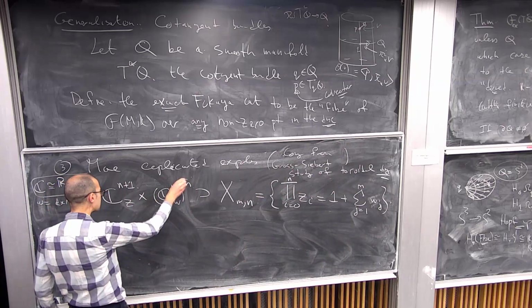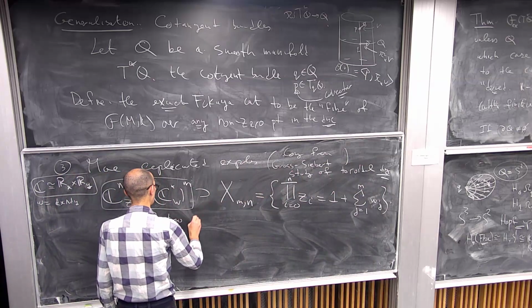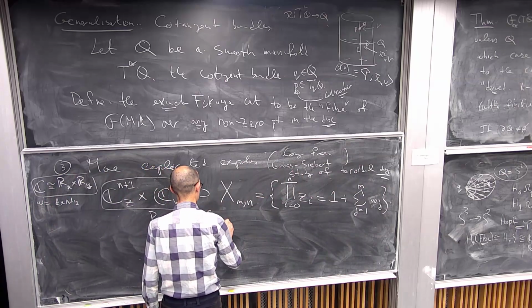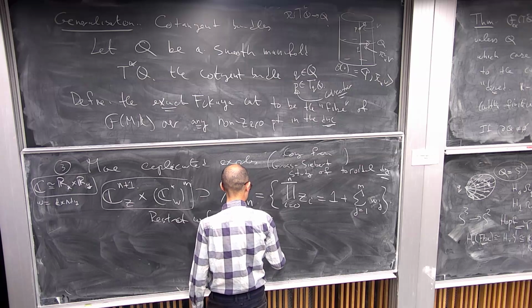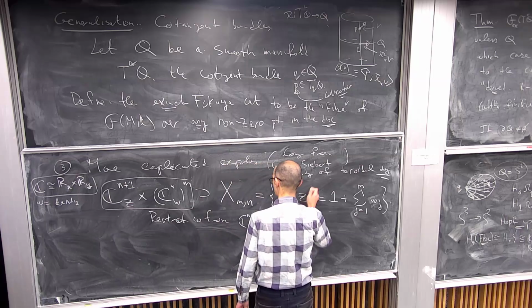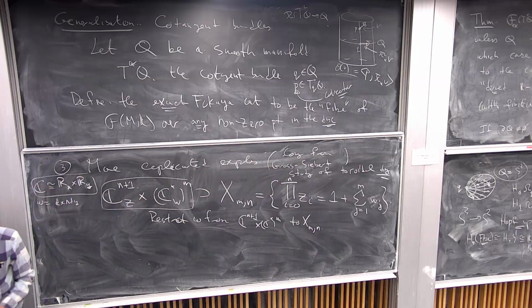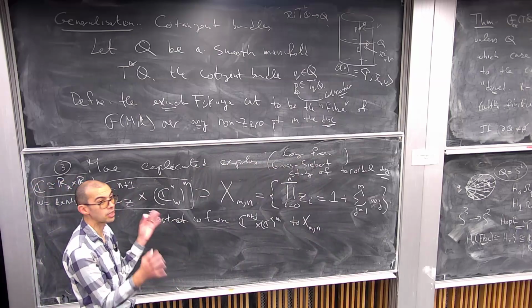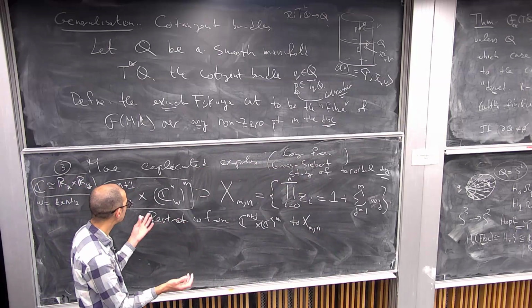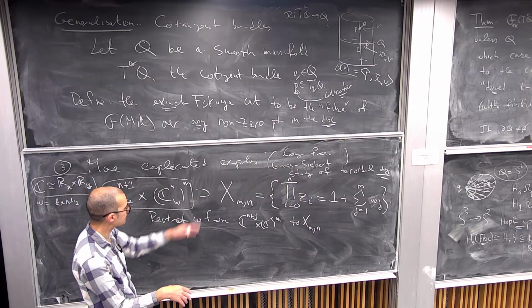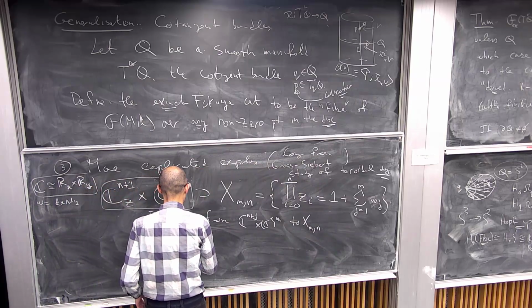You can just restrict omega from C^(n+1) times (C star)^m to X_{m,n}. Now, you can't just restrict things willy-nilly. It's always going to be closed, that's not the problem, but you need it to remain non-degenerate. But this is actually quite simple because omega is a Kähler form and X is a complex manifold. So automatically this will be non-degenerate. Kähler.